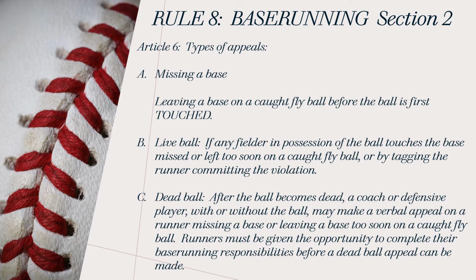Article 6 goes through some different types of appeals. Defense team can appeal missing a base, leaving a base on a caught fly ball before the ball was first touched. And then also we can have a live ball appeal. If any fielder in possession of the ball touches the base missed or left too soon on a caught fly ball, or by tagging the runner committing the violation.